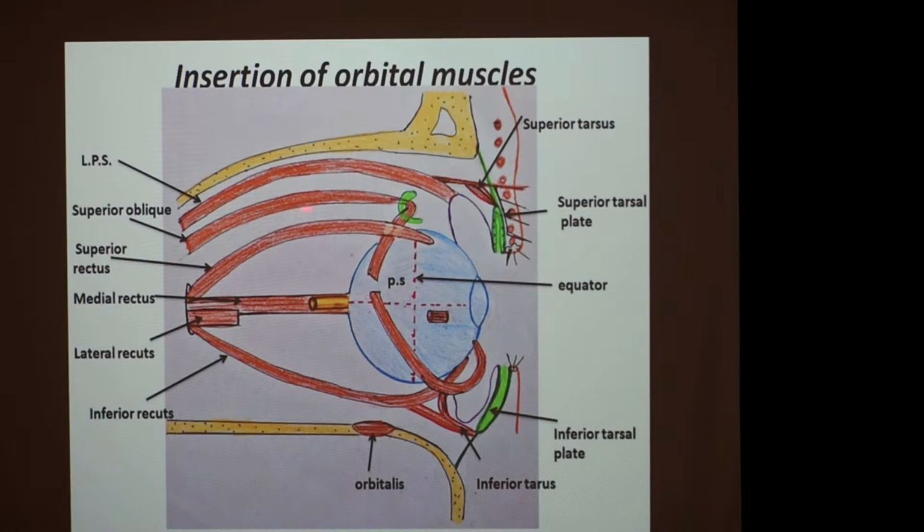As we can see in the diagram, the name itself suggests they are oblique in nature, that means their course is oblique. Here we can see it goes straight, then it becomes oblique. Same way this inferior oblique muscle curves around the eyeball, again in an oblique direction. While in case of the rectus, they are straight, so they are called recti muscles, while oblique muscles have an oblique course.